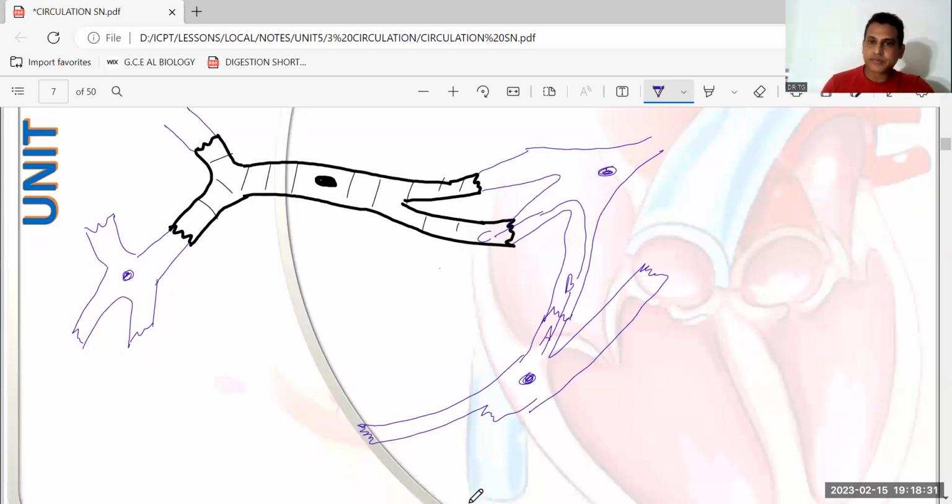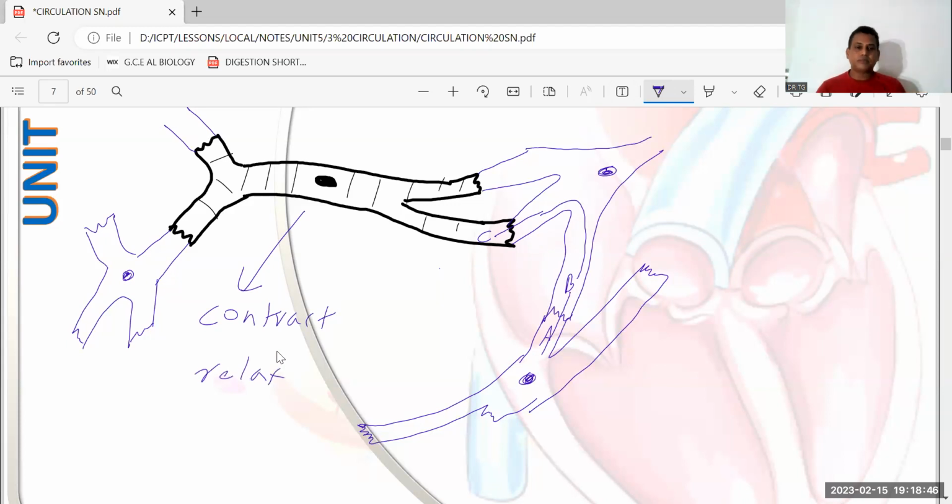So muscles have a property: they can contract and relax. So muscles can contract and relax.